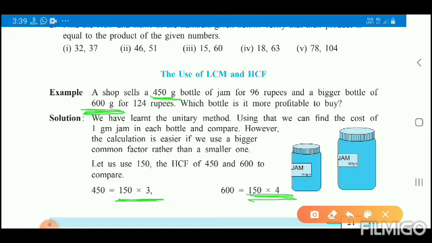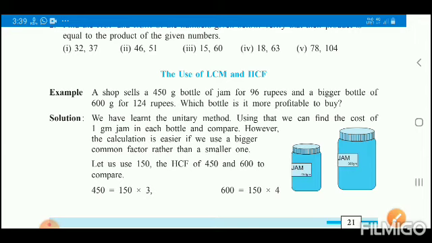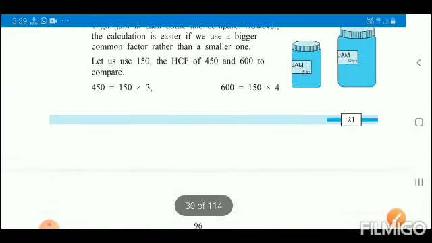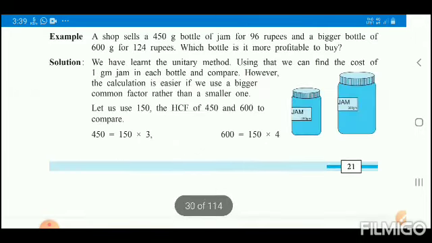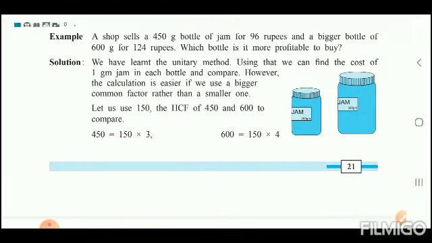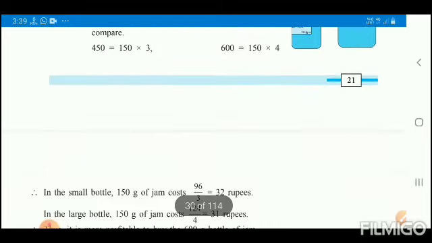Here what we consider? The HCF of these numbers. Now if in the small bottle, how much jam is there? 150 gram.